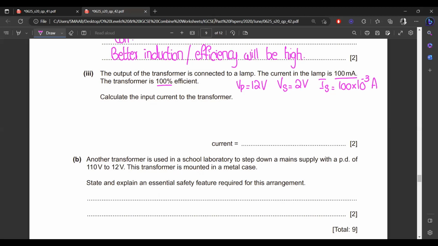So now what will be the formula to calculate the input current? Will we divide the current by the voltage? Yes. So we start like this. Whenever they ask that the transformer is 100% efficient, always remember two things.